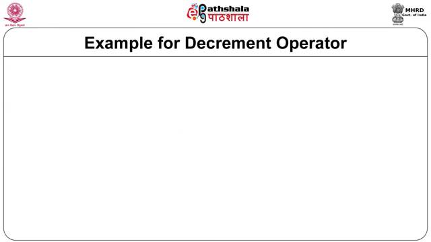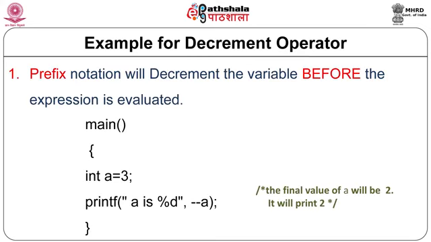Now let us see a simple example of how we use decrement operator in a C program. Here a similar program is taken, just the value of a is considered as 3 in this program. So you can see the printf statement. In printf I have considered a is %d because a is integer type.